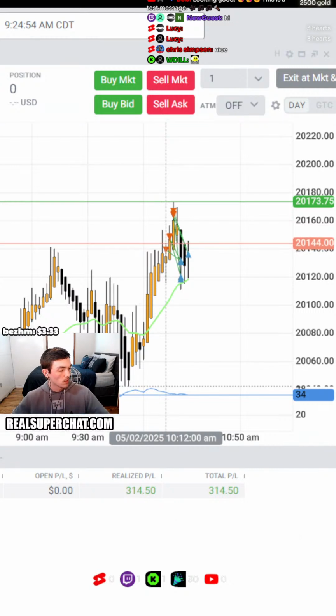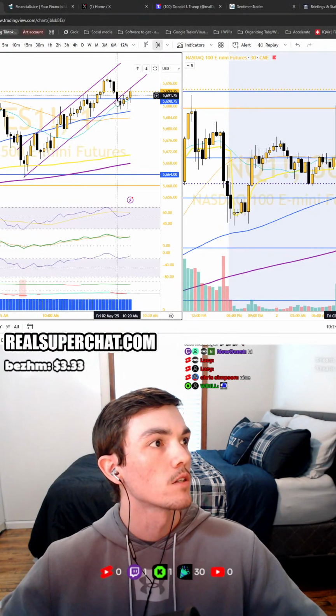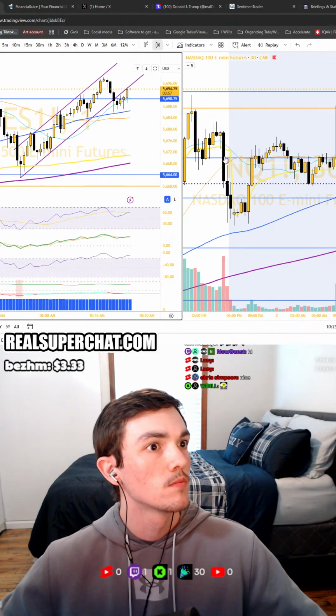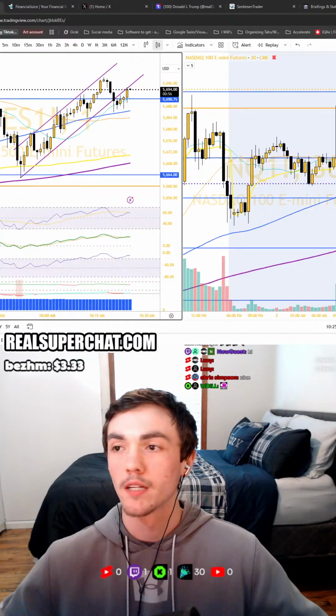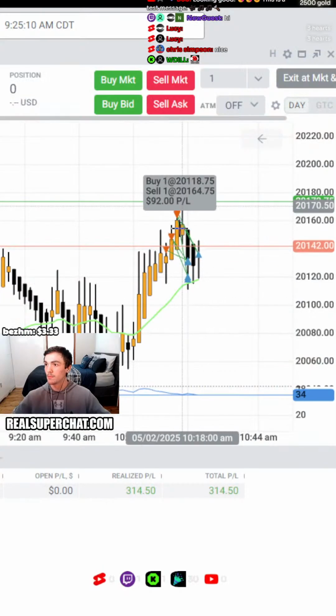Not bad, not bad. You can see the ES is reversing. You can see it right here. That's where it reversed. Nasdaq's a little more volatile, so it dipped. It dipped a little bit more.